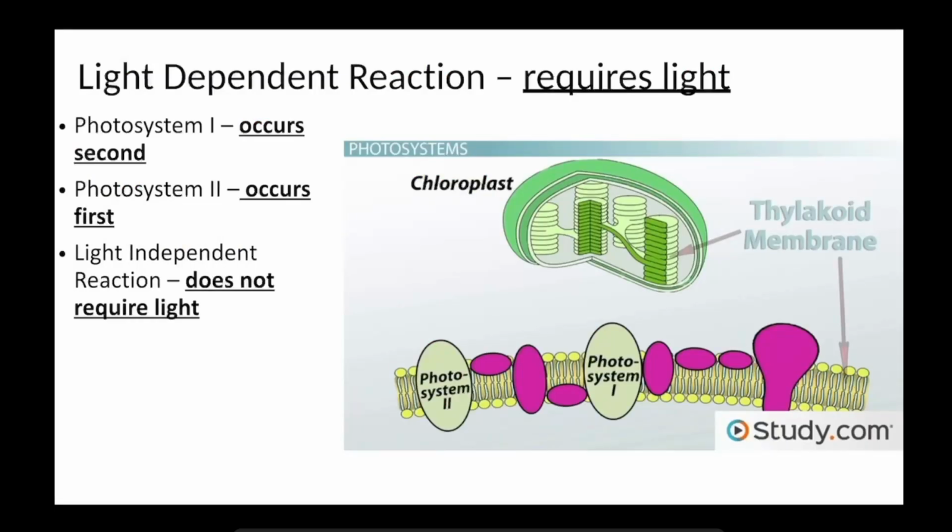So the main thing to keep in mind with the light-dependent reactions is the name tells you what it is. It requires light. There's these different photosystems, and interestingly, they have the opposite name that you think they would have. For example, light actually comes in and the process starts on what's called photosystem 2 instead of photosystem 1.